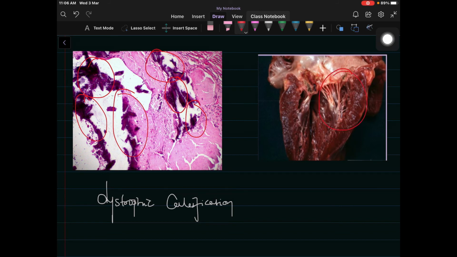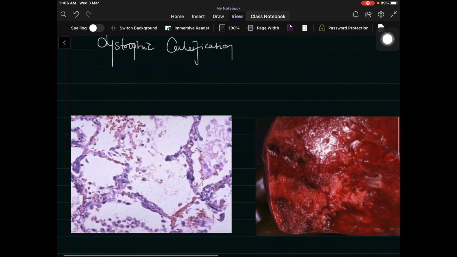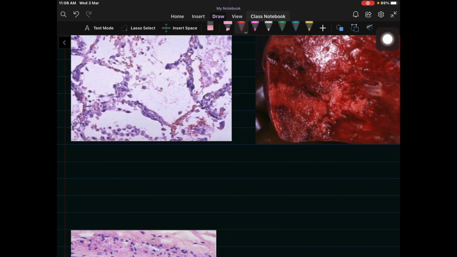In the second picture, we can see this tissue is degenerated or it is dead tissue. So after the dystrophic one, let's move on to the metastatic.